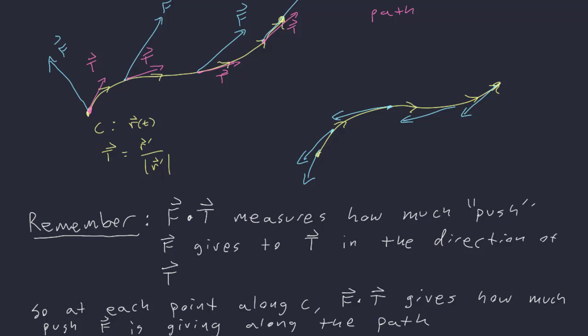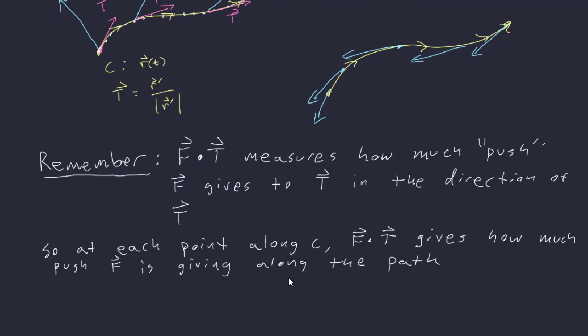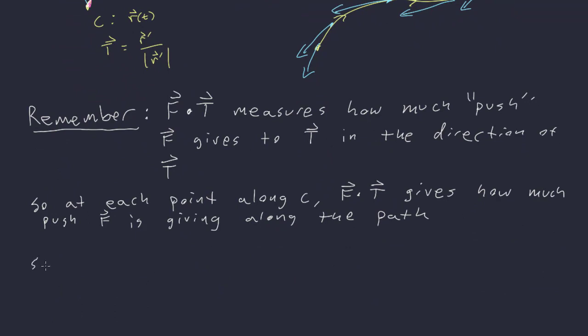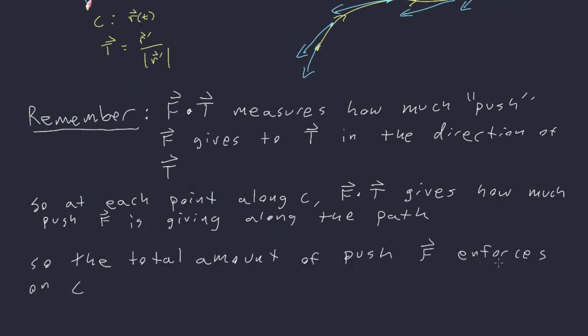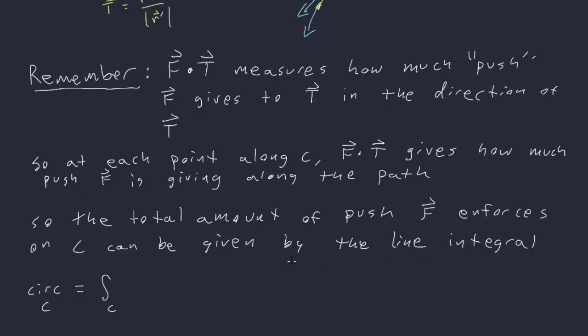So if we want to add or get an idea of what's happening along the entire path, it becomes an integration. So the total amount of push that the vector field F enforces on C can be given by the line integral.